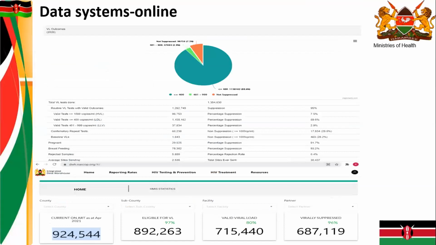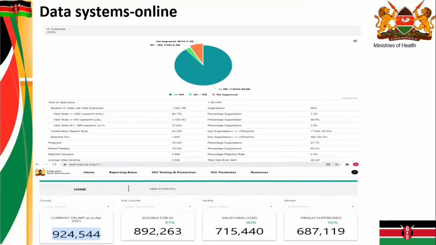This is also sharing some of the outputs that we are able to visualize from the systems. We can tell the tests that have been done, the results that have been received, and the proportion of patients that have been suppressed. In terms of levels, we can tell how many have low-level viremia, how many have LDL, as well as those that are not suppressed.